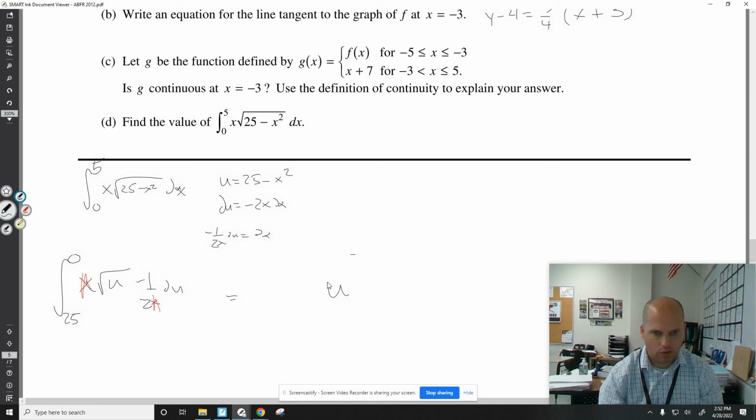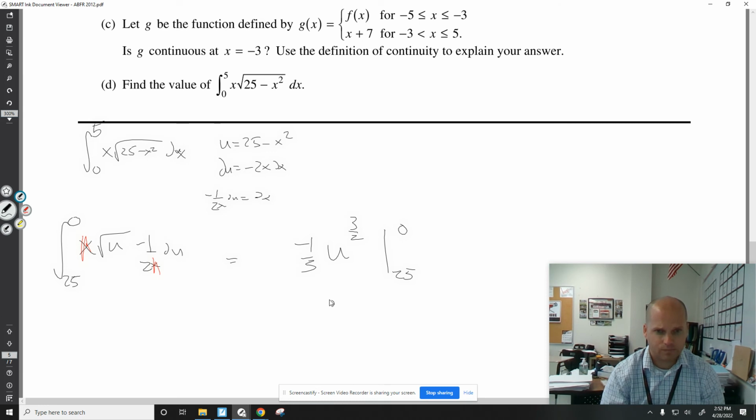Anti-derive: u to the 3/2 times 2/3. The 2/3 and the 1/2 cancel, so it'll be just 1/3. I could find the change from 25 to 0, or I could go back and go 0 to 5. Sorry, go back to x's. I'm a little bit off right now.